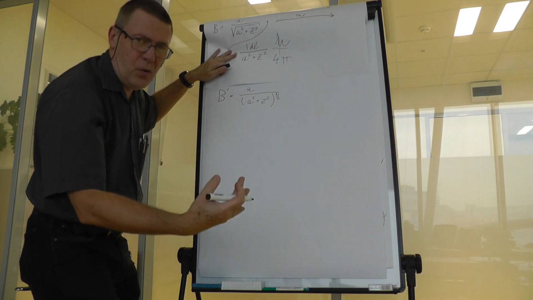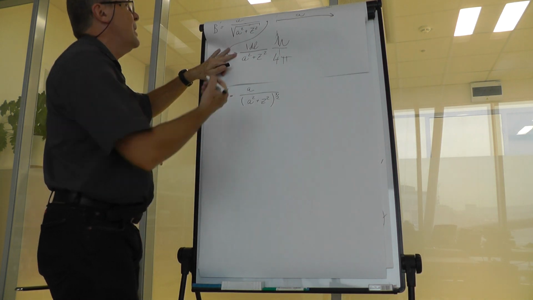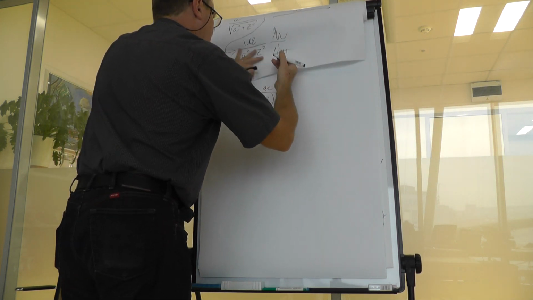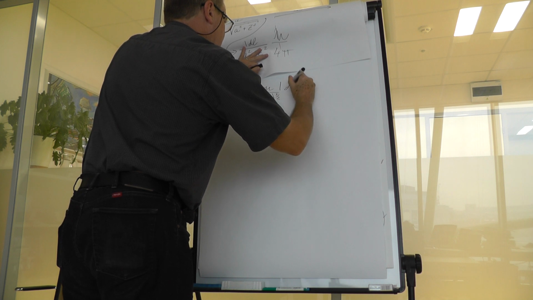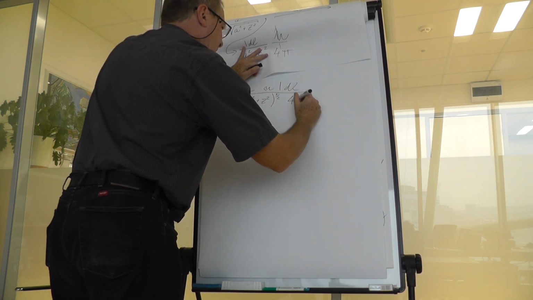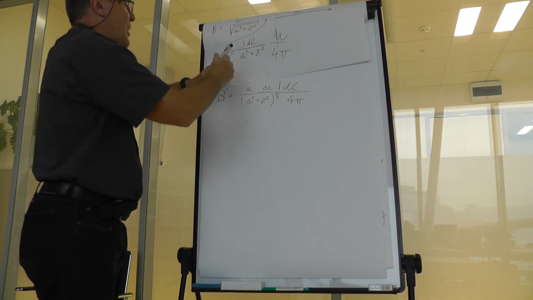That is the square root multiplied by the bracket itself. Then we have mu I dl, and we have 4 pi in the denominator. So we have rewritten this equation.